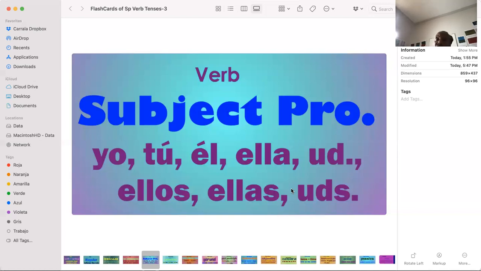Now, if the verb doesn't end in AR, but it ends in ER, as in the verb comer, well, you do the same thing. You remove the ER, and now you add the endings. The endings for the subject pronouns are: o, es, e, emos, for nosotros, and en.